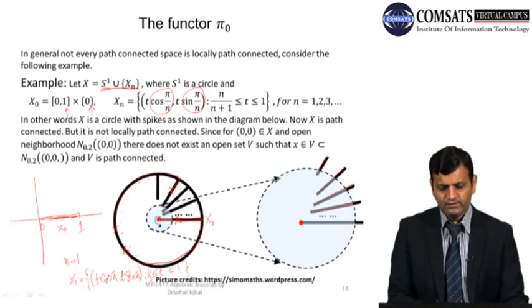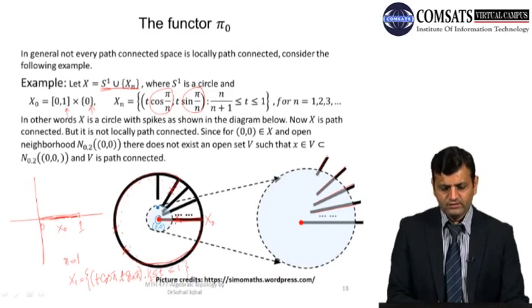So consider this point, which is the origin (0, 0). The definition of locally path connected says that if I have a point, then corresponding to every neighborhood there exists an open set contained in that neighborhood which is path connected.